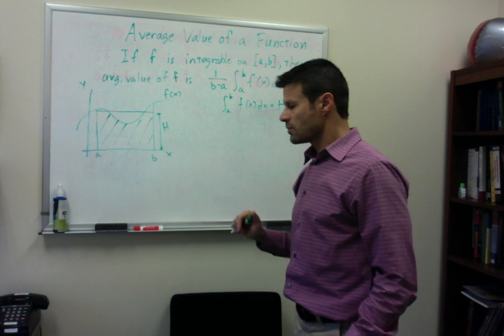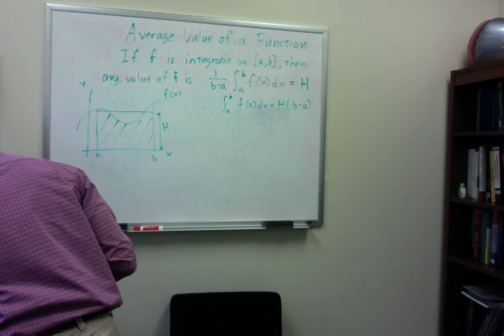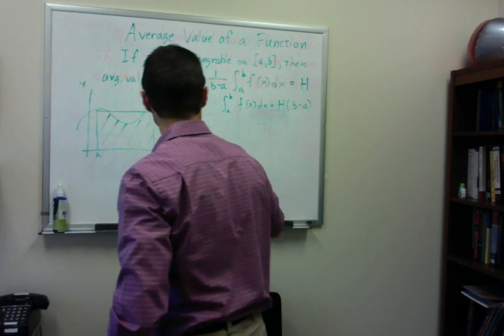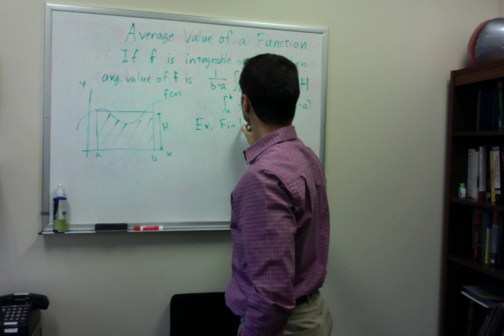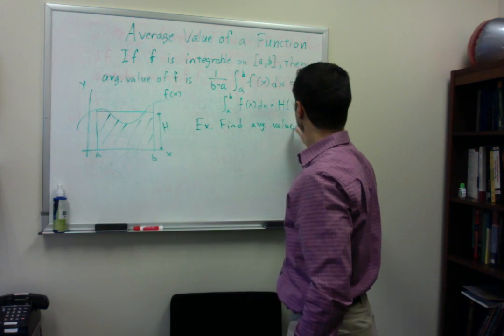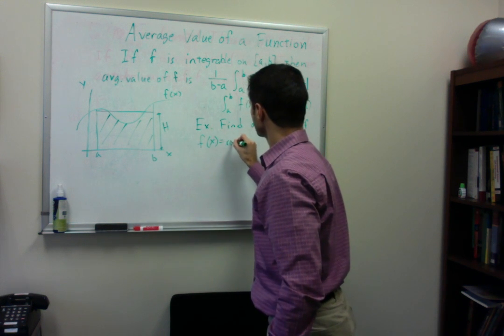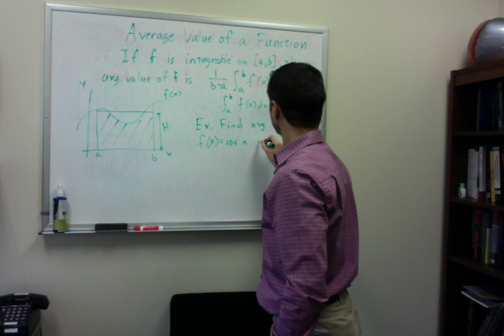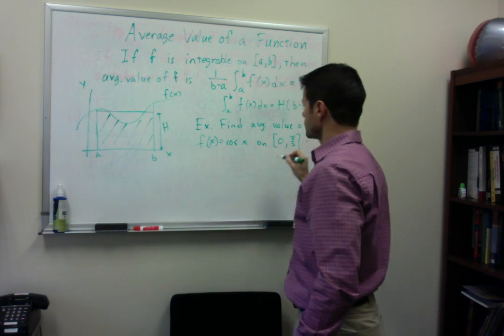Okay, so for example, let's find the average value of f of x equals cosine x on the interval from 0 to pi over 2.